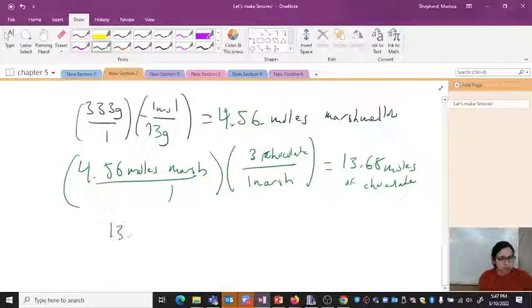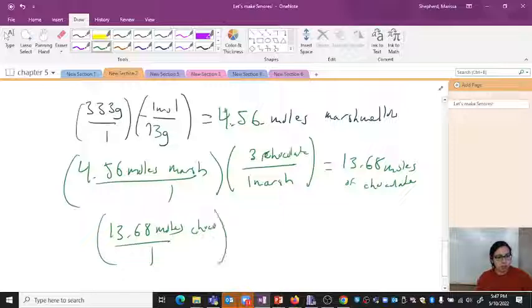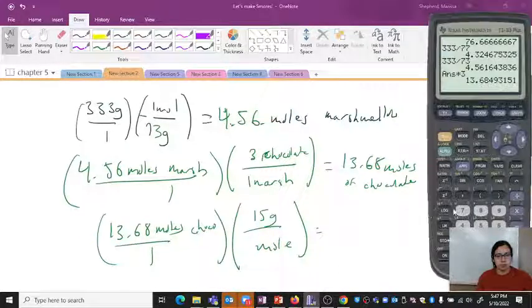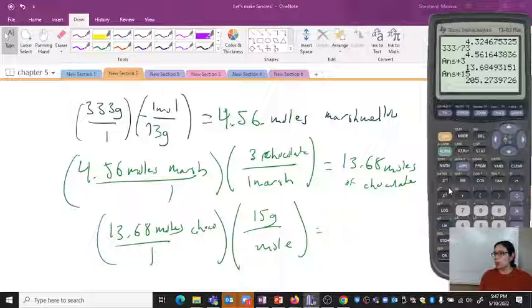So now 13.68 moles times our molecular weight, 15 grams per mole for chocolate. And so did everyone get like 205 grams of chocolate?